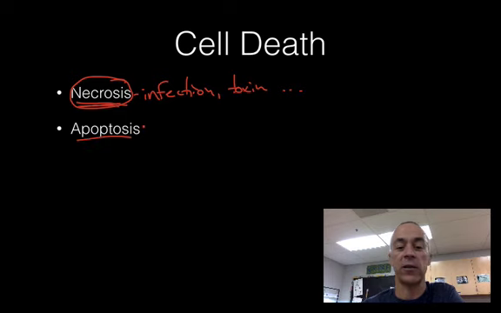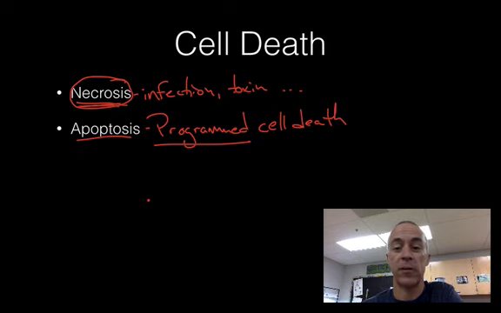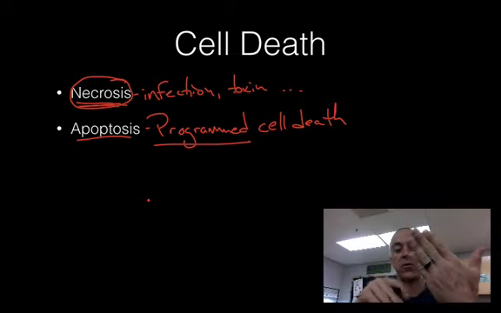The other form of cell death is what we call apoptosis, and this is also more commonly referred to as programmed cell death. And so sometimes cells die because they're supposed to. And a great example of this happens during development of fetuses. As we're all developing, our digits are all fused together.